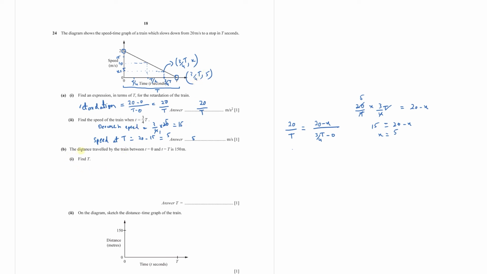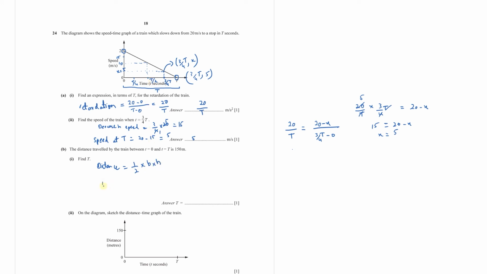All right, let's move on to part B. The distance traveled by the train between t=0 and t=capital T is 150 meters, find T. So you know that distance is the area under the speed time graph. So your distance is equal to 1/2 × base × height, which is the area of this triangle.